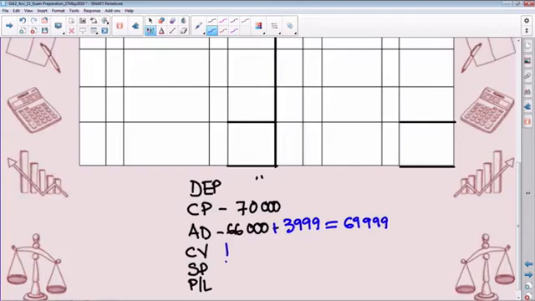Remember, you donated it, so your donations would be 1 rand, and obviously, because your selling price is equal to your carrying value, there will be no profit or loss.